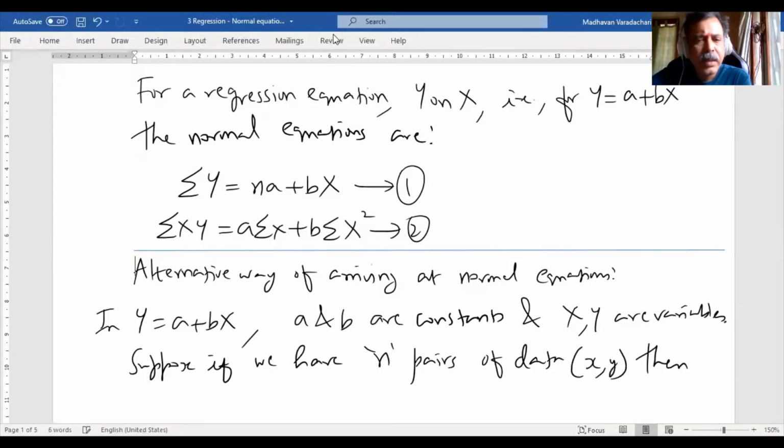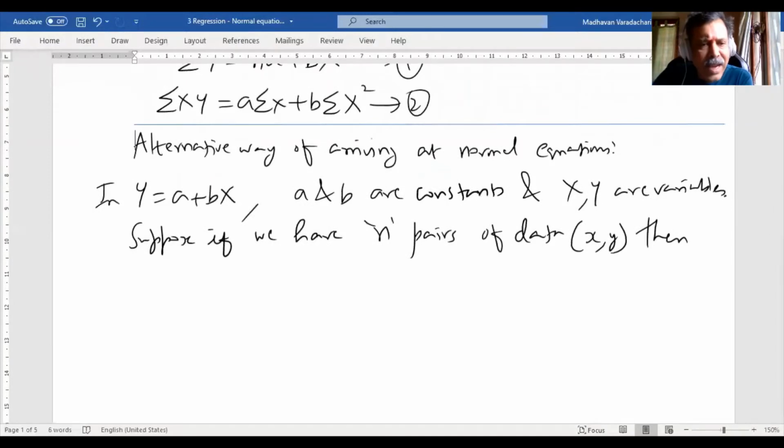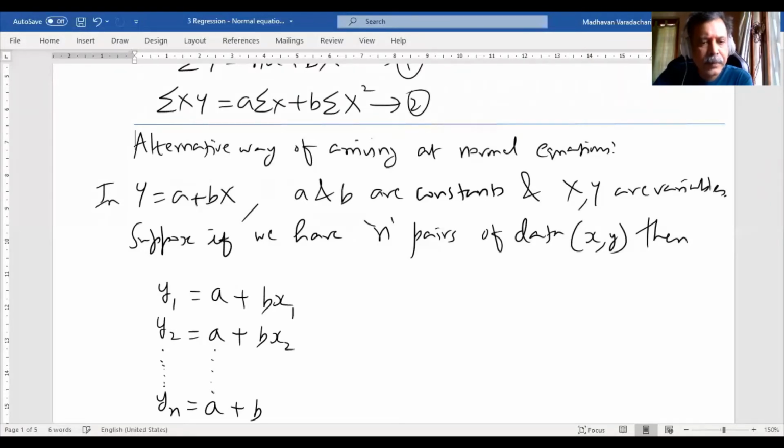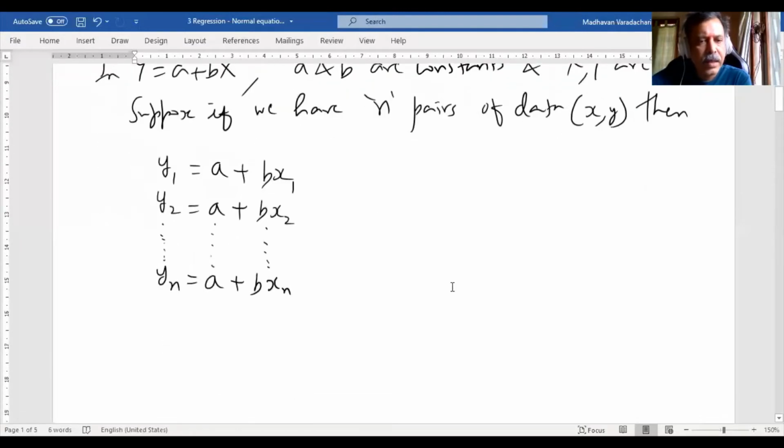Then y will take the values y1, y2 and so on up to yn, because it is a variable. Whereas a is a constant, it will remain as it is, and b is also a constant, it will remain the same. x is a variable, so when y takes the y1 value, x will take the corresponding x1 value. So these are the different equations.